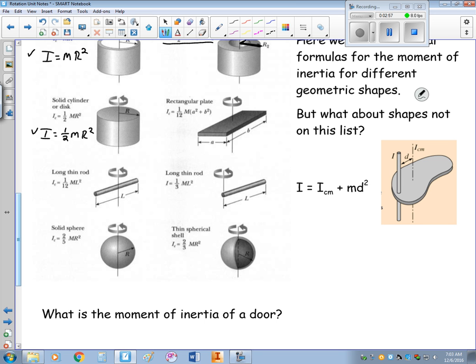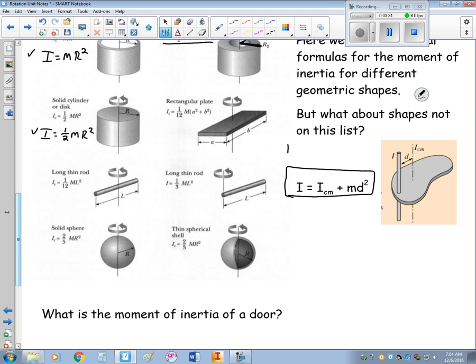Let's say we have something kind of weird. If I wish to find the moment of inertia of something different, I can take a look at this formula right here. So this would be the moment of inertia at the center of mass, where cm means center of mass, plus md squared, where d is the distance between the center of mass and where you're trying to rotate the object.